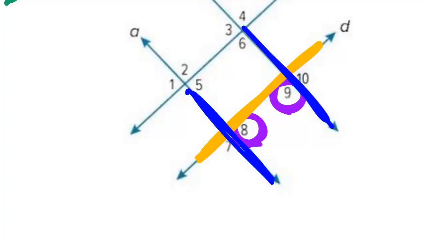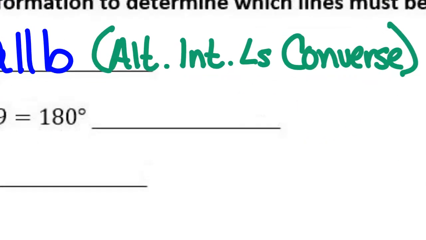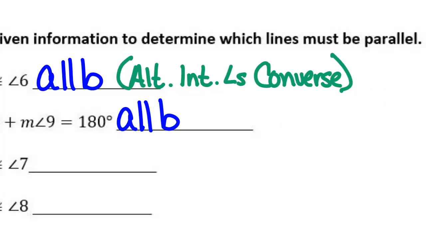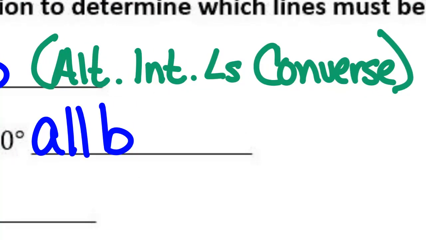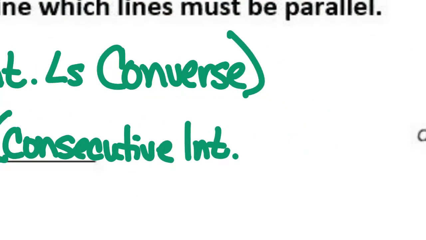A and B. So A and B would have to be the parallel ones. What's the name that we have for consecutive interior? So we use the consecutive interior angles converse.